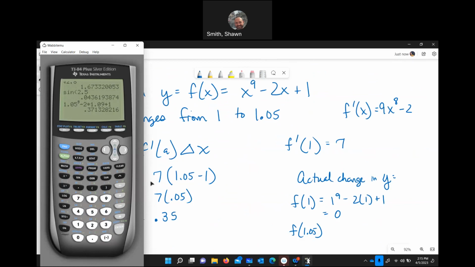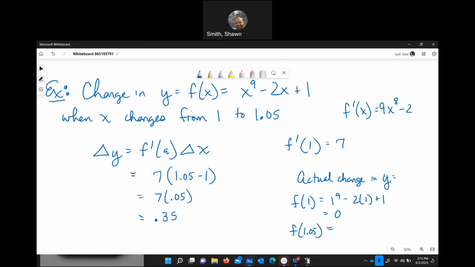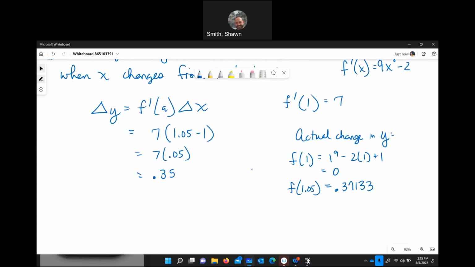That's that number, 0.37133. So the difference between these two is 0.37133 minus 0, which is 0.37133. That's still approximated. That's pretty close though. 0.35, 0.37, you're off by 2/100ths, right?